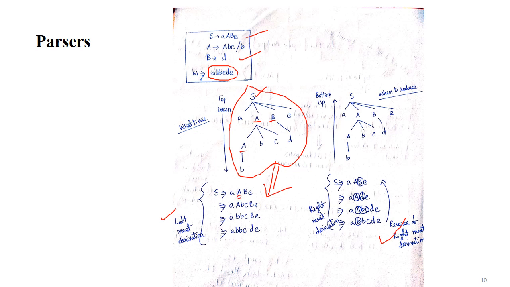First I replaced A with the help of ABC. Then I replaced A with the production B. Then in the last line I replaced capital B with the production D. So everything has been done on the leftmost side, and that is why this is called leftmost derivation. I think you know what leftmost derivation is.